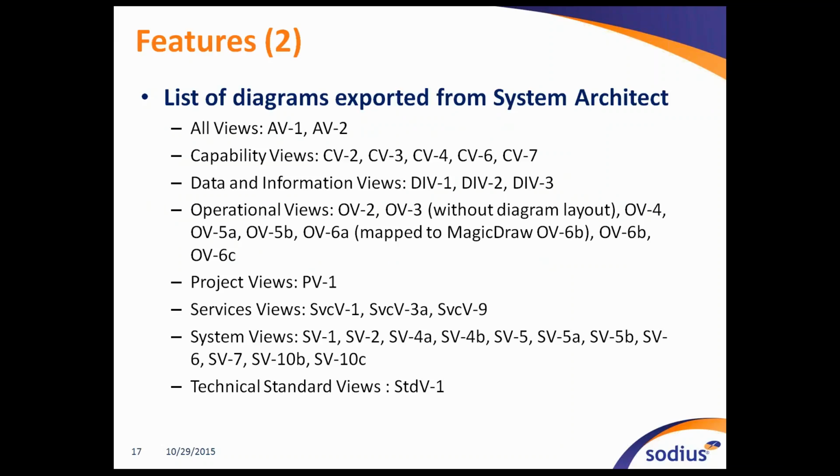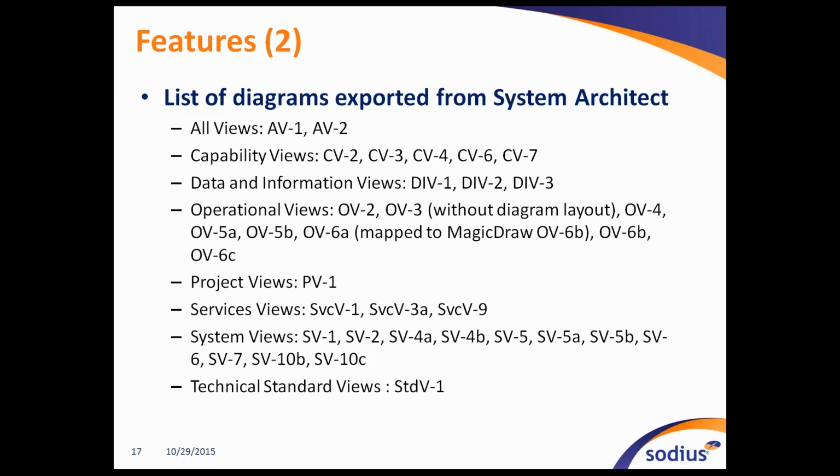Here is the list of diagrams that we can export from System Architect. We can export the all view diagrams AV1 and AV2, the capability views CV2, CV3, CV4, CV6 and CV7, the data and information views DIV1, DIV2 and DIV3, the operational views OV2, OV3, OV4, OV5A, OV5B, OV6A, which is mapped to a MagicDraw OV6B, and OV6.